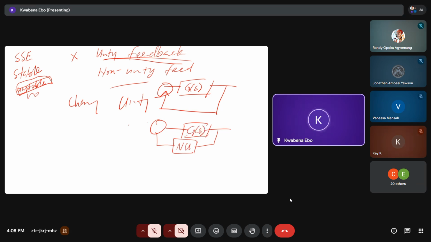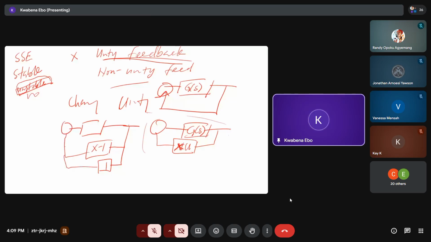Remember that this is a feedback system. We can change this to a unity feedback system by paralleling the non-unity feedback system with a unity gain, in the sense that, let's say this is X, we can just make it X minus 1 and then parallel it with a 1, and then they will all come here this way.